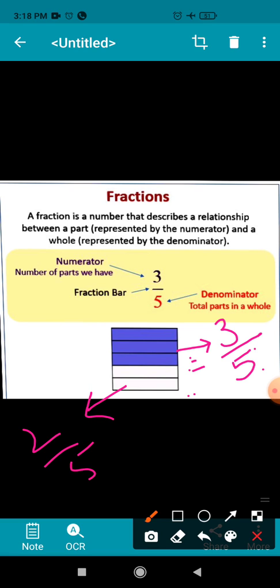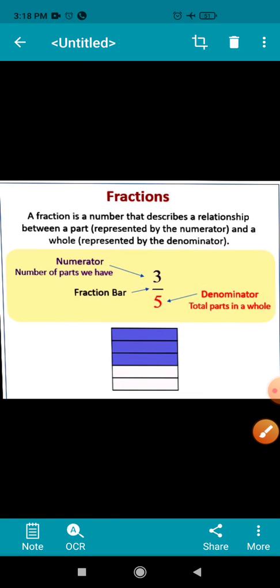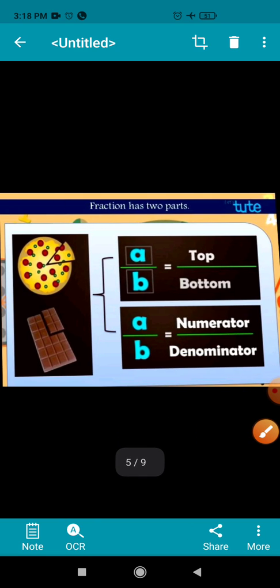Children, hope you all have understood. The upper part indicates the total number of parts that are unshaded. 2 parts are unshaded, so 2 is the upper number. Okay, and here you can see 3 parts are shaded or colored, so 3 will be the numerator here, right?